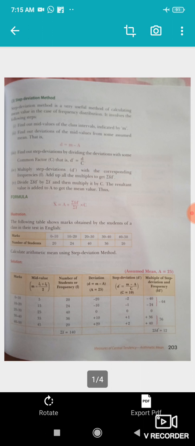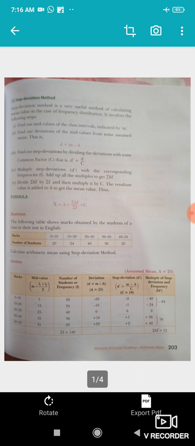So the formula for mean by step deviation method will be: mean is equal to a plus summation fd complement upon summation f, into c. Now in this formula, what is x bar? That is the sign of mean. Then a, capital A, is your assumed mean.